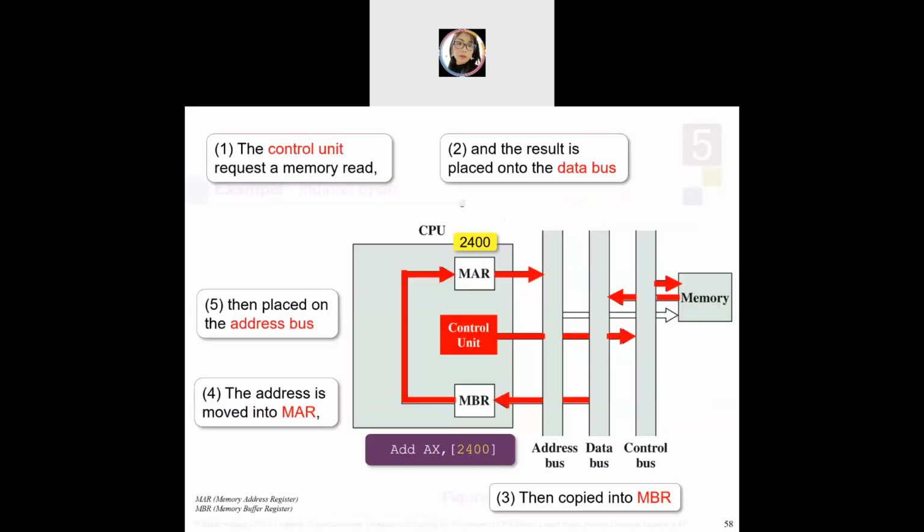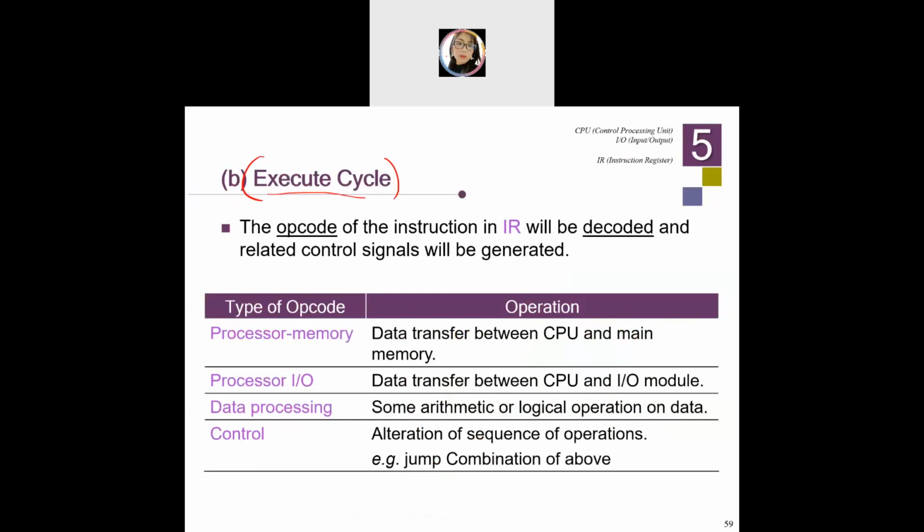The instruction just now is 8AX2400. We want to fetch only the instruction, but we did not execute, like add AX using the information. So now the execution will continue at the next step.